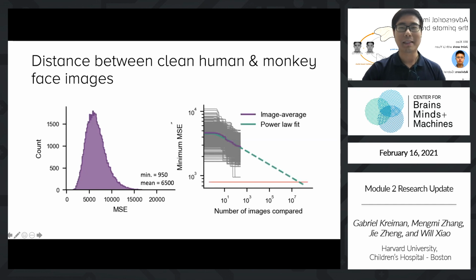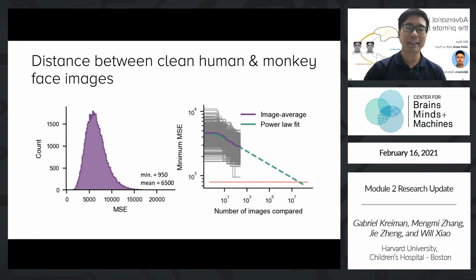So to estimate that, we can plot the minimum MSE as a function of number of images each image is compared to. So the little gray lines in here are individual images, and the purple line is the image average. It fits a power law pretty well. And by extrapolation, it seems that we expect to need to compare one image to about 100 million before we come up with an image that's an MSE of 800 away from it.